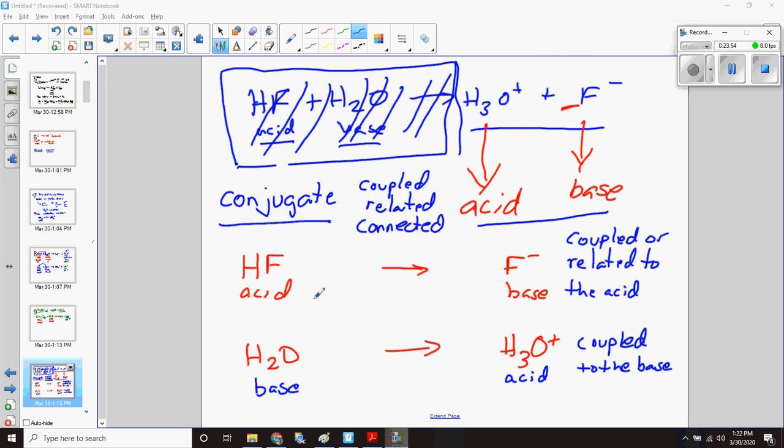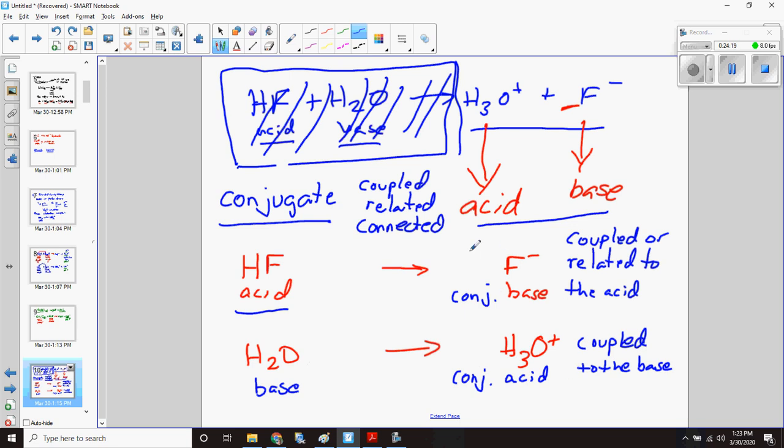So if I start with an acid, I'm going to have related to it or connected to it what's known as a conjugate base. So an acid always has a conjugate base which is coupled to it. A base is going to have a conjugate acid which is coupled to it.